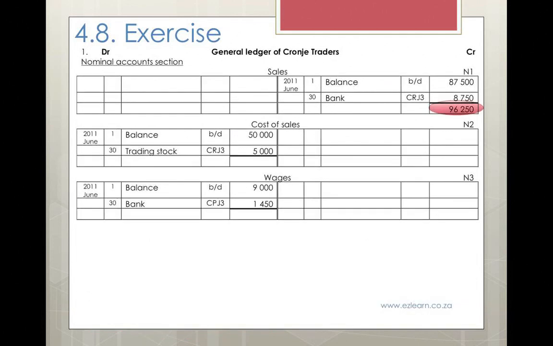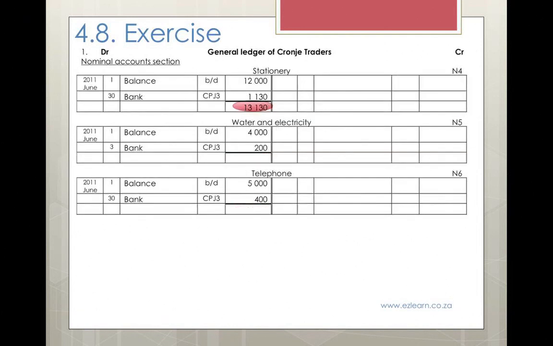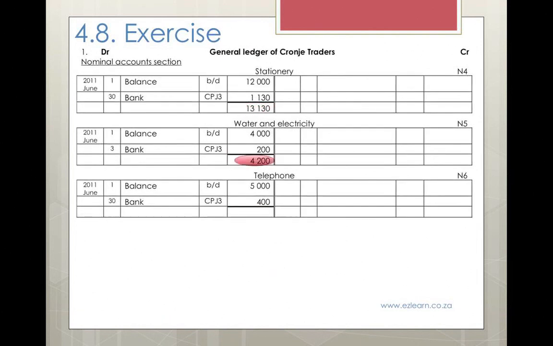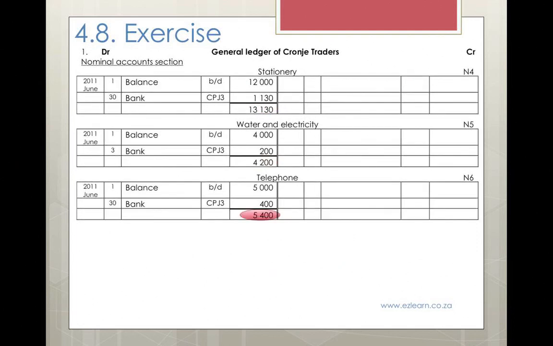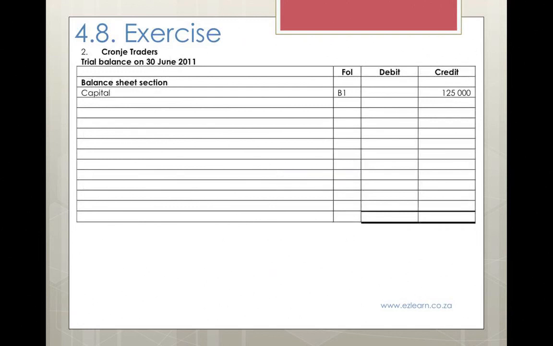The sales account will get a subtotal of 96,250, cost of sales a subtotal of 55,000, and wages a subtotal of 10,450. Your stationery will have a subtotal of 13,130, and water and electricity 4,200. Telephone 5,400.